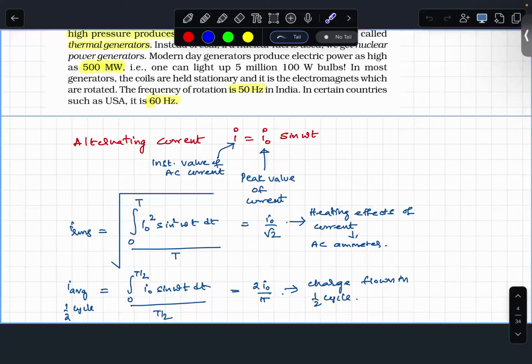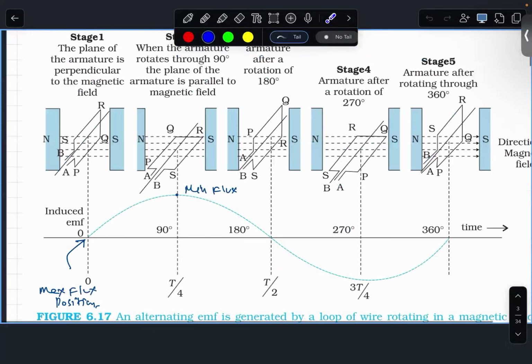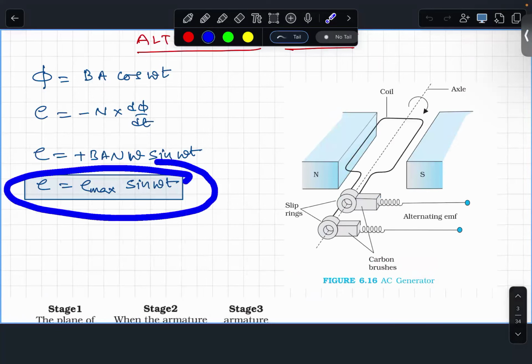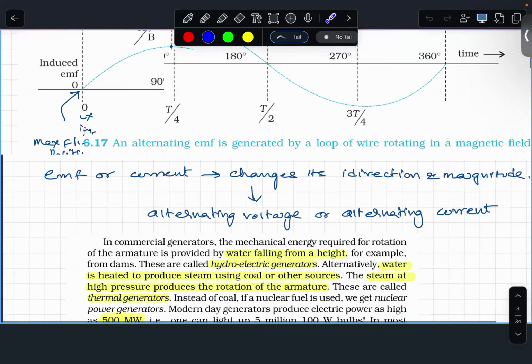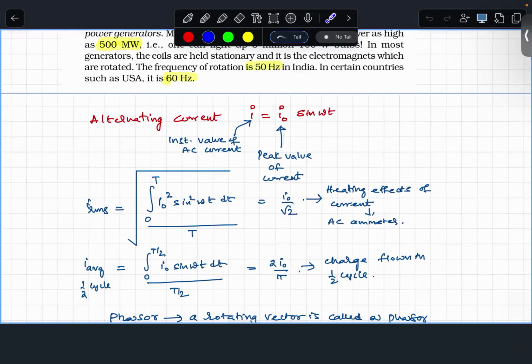AC. Now, for example, you choose alternating current, and that is I is equal to I naught sine omega t. That is a function, AC current function, because I have shown you the EMF function. EMF function is like this. So for a pure resistor, for example, I'll get current as I is equal to I naught sine omega t.